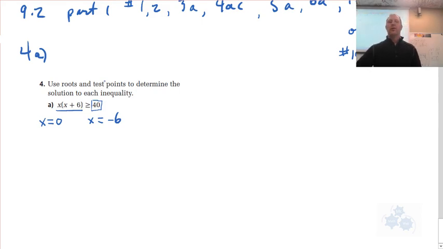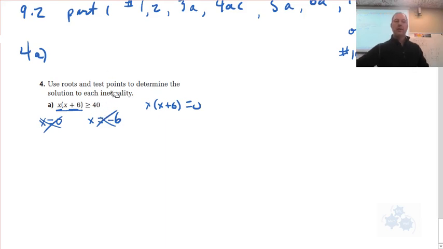Okay, so let's just pay close attention to this. This has to be 0 in order for these to be roots. Remember that? Because really what we're doing is we're looking at this equals 0. So these are not the roots, because that's not a 0 over here. That's a 40.